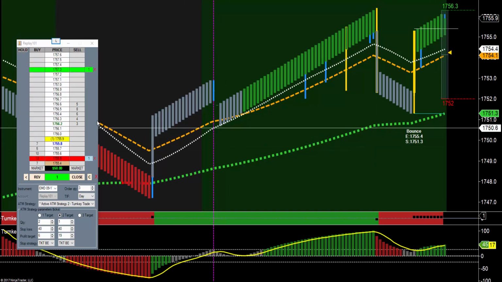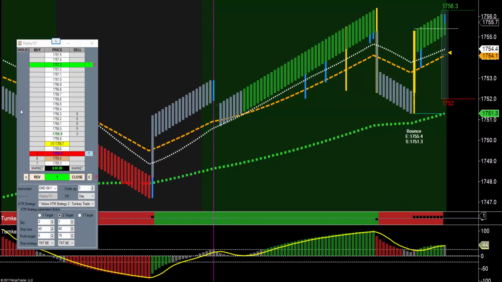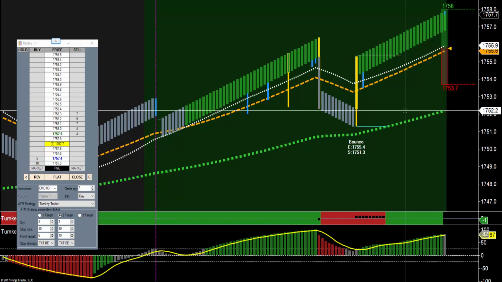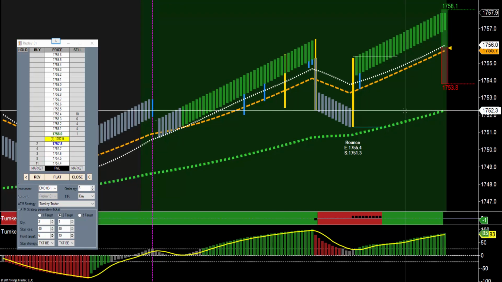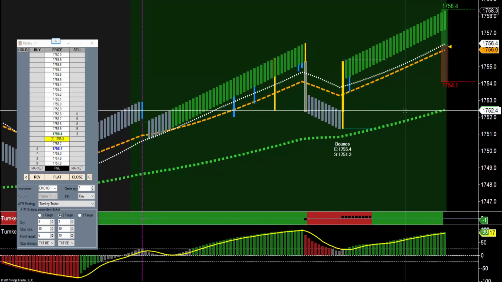So I did hit my initial profit target, and here my stop is 1 tick above break even. And my second profit target was hit for a total of 31 ticks of profit in the EMD.